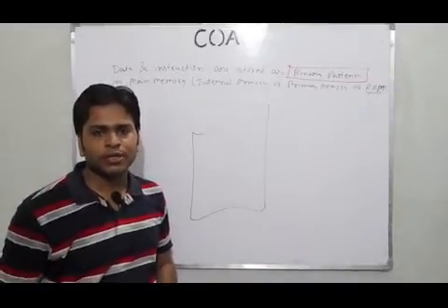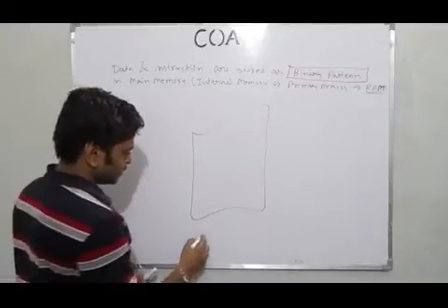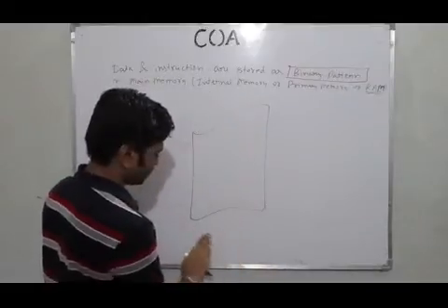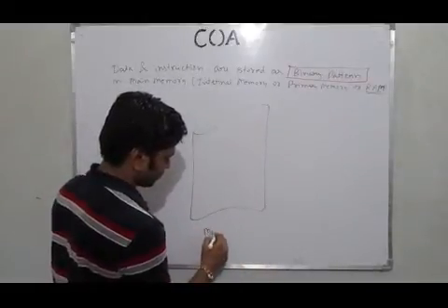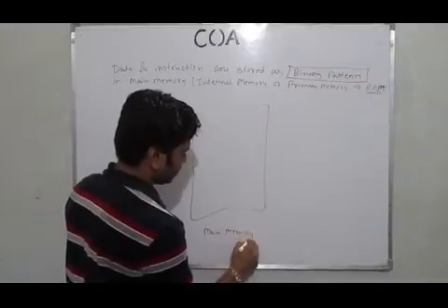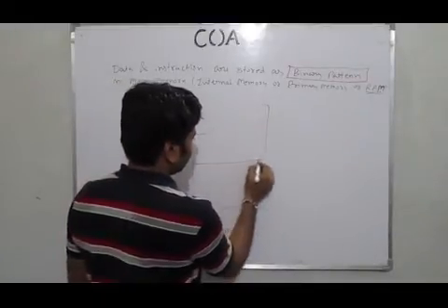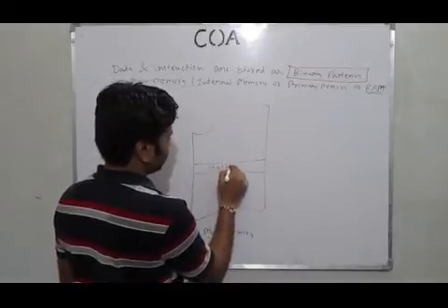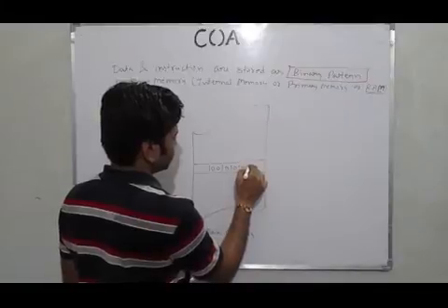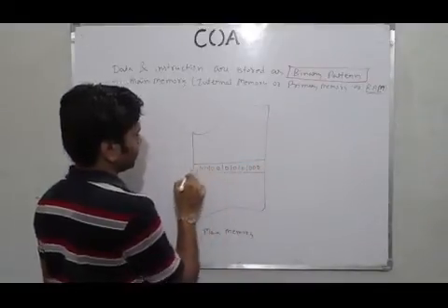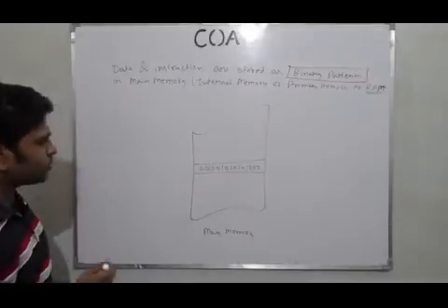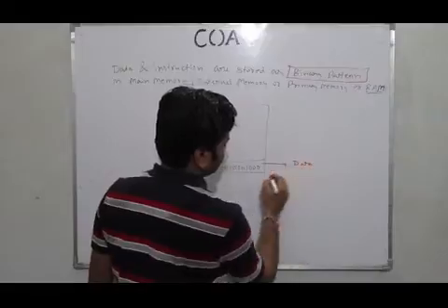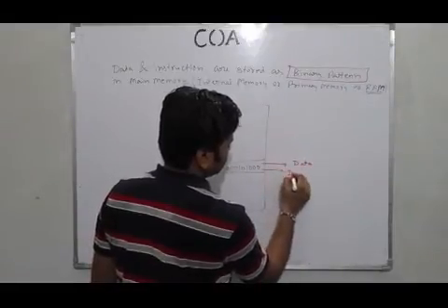So this is the main memory, and in this main memory we have certain binary patterns. This binary pattern can be data, and this binary pattern can be an instruction.